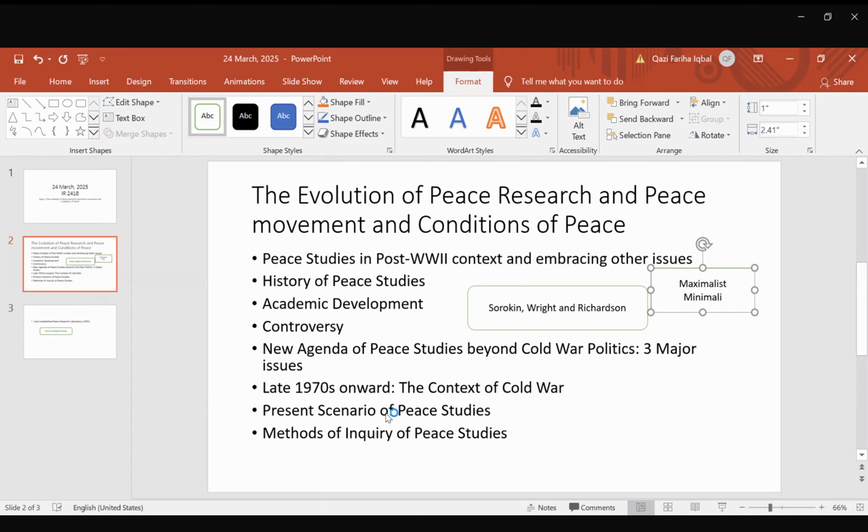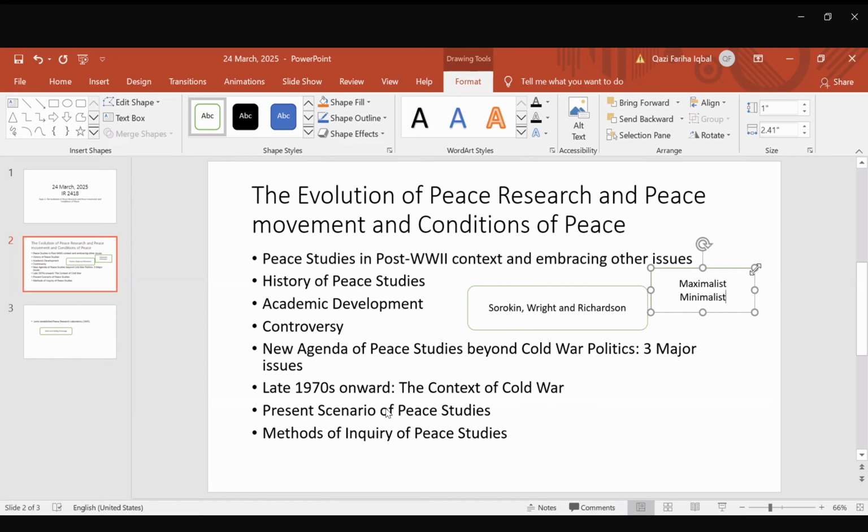Another one is minimalist. In the maximalist agenda, we have seen that peace research scholars are including all sorts of injustices and all sorts of broader issues of violence and all aspects of peace research.